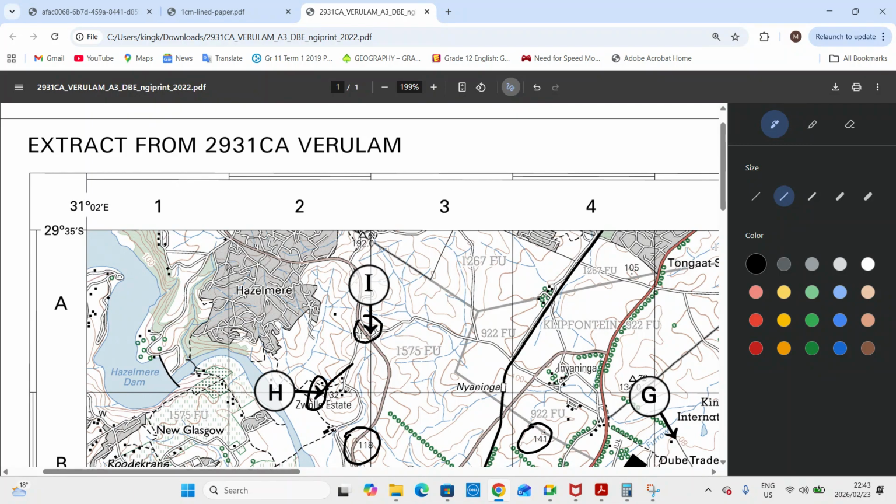You measure the distance between the 2 points. Forgive my skewness. You have to use your ruler and your line will be straight. Measure the distance from here to there. Let us say for argument's sake, you found the distance between the 2 points to be 4,5 centimeters. And the question said to you, give your answer in kilometers.